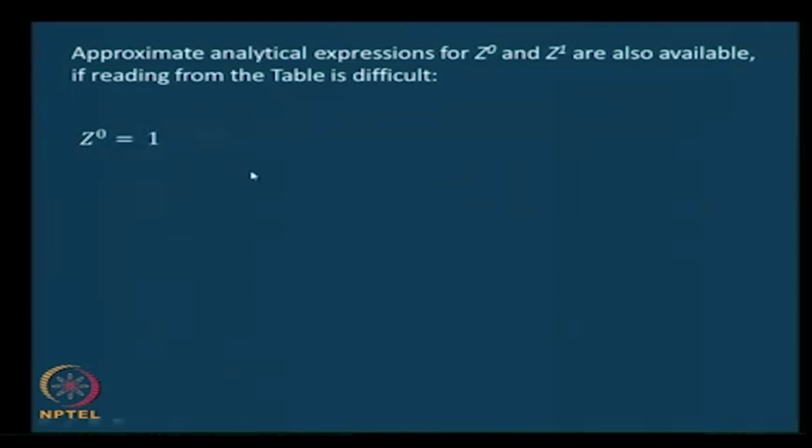Z0 is 1 plus B0 Pr by Tr, equation 320, and Z1 is B1 Pr by Tr, equation 321.